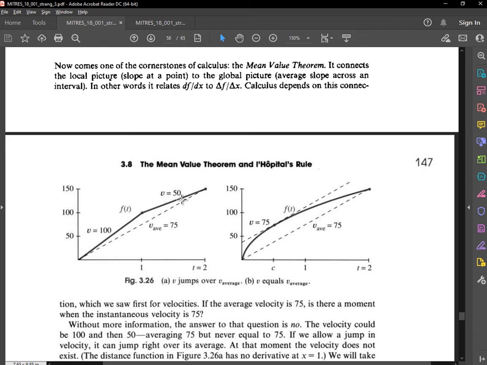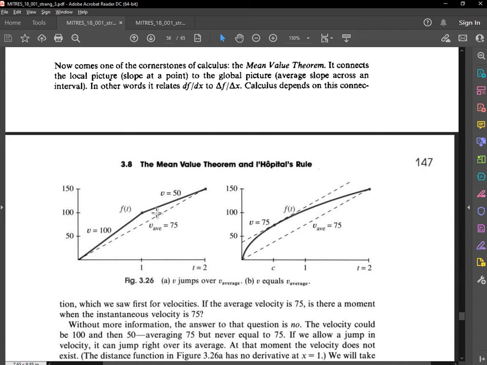Of course, the other way of thinking about a continuous function is you can draw it with your pencil without your pencil leaving the page. All right, the function is continuous, but the velocity is not continuous. It's 100 here, it jumps to 50 here. All right, and there's no point at which the velocity is equal to 75.